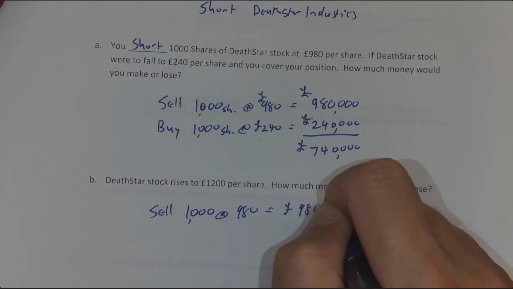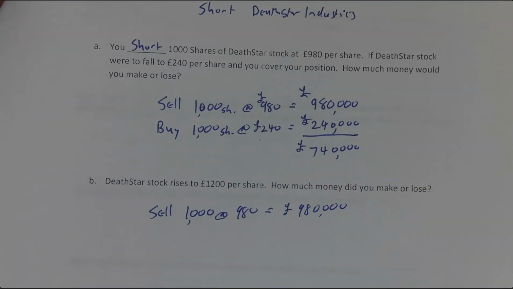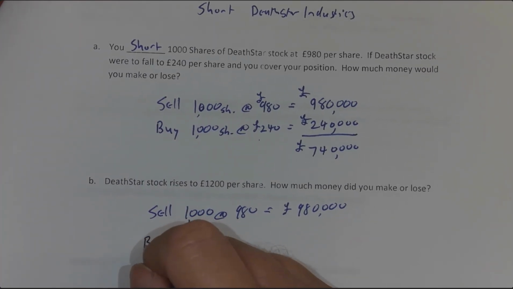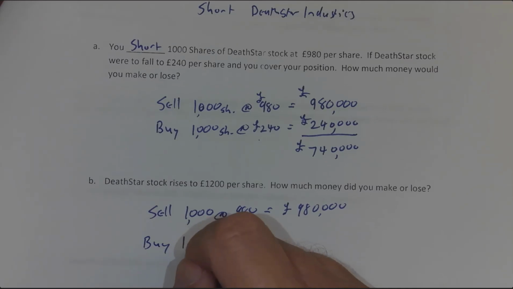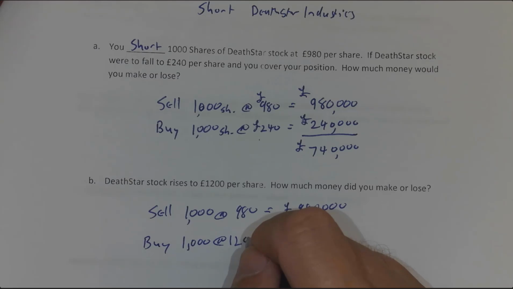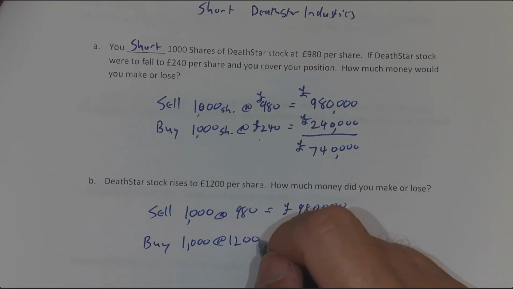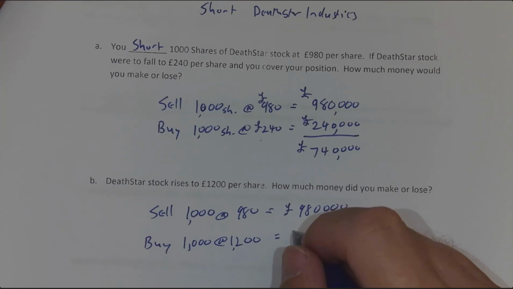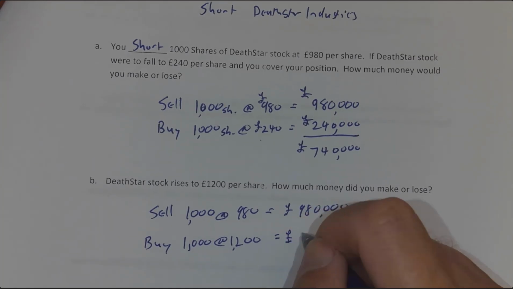We got 980,000 pounds in our account. And now, if we cover, we would have to buy 1,000 shares at 1,200, and that's going to be 1.2 million.